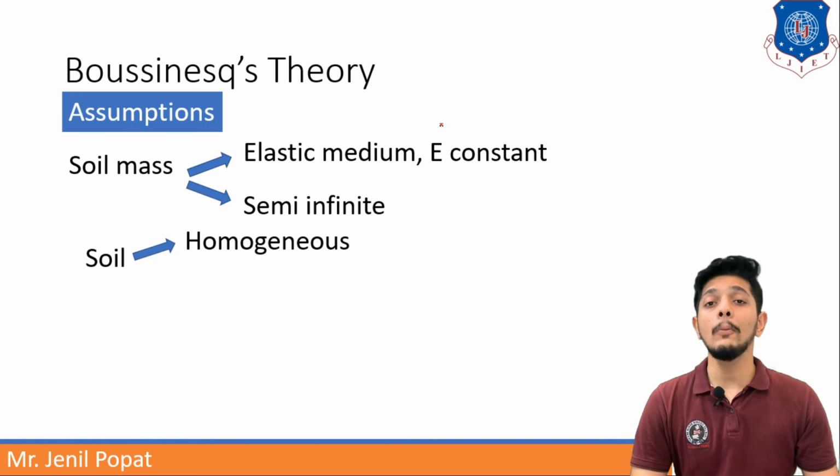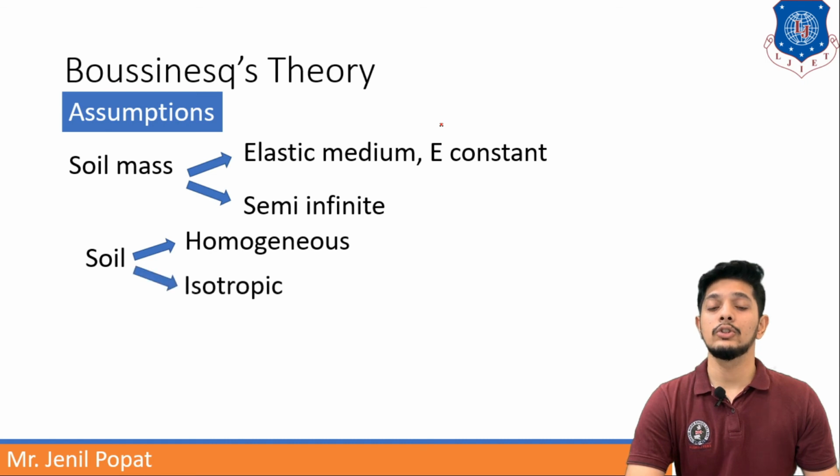Soil should be homogeneous. Homogeneous means it is made up of the same constituents everywhere. Soil is isotropic. Isotropic means every soil grain has the same elastic properties in all directions. So if I apply the load from any direction, it will have the same characteristics.